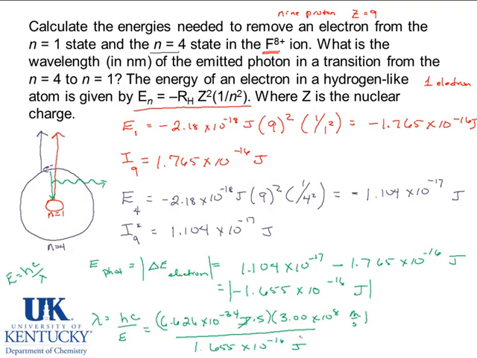Now that'll give it to me in meters, but it really wants it in nanometers, so I'll go from meters to nanometers. 1 nanometer is 10 to the minus 9 meters, and this will give me a value of 1.20 nanometers.